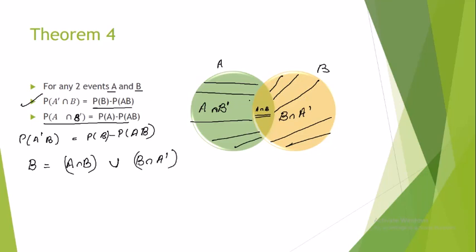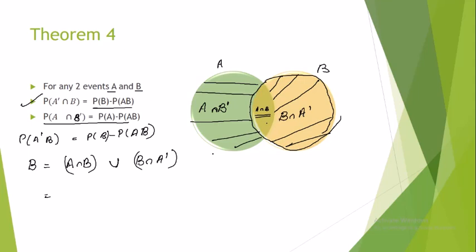What is B? See, B is nothing but A intersection B, that is this part, union B intersection A complement. So how will you break this down?